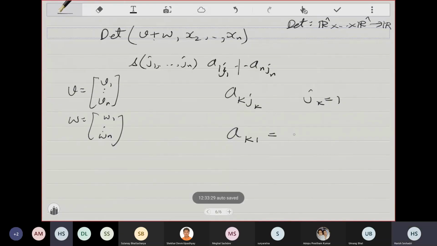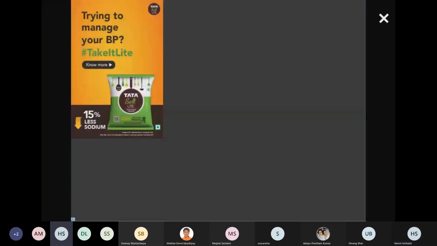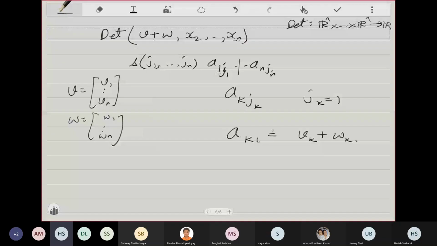So a_{k1} would be Vk plus Wk. And all the others would be the same. All the other columns, all the other a_{i j1}, etc., correspond to the other columns. They have been left as they are. Only here we have added two things, so here there's a sum.